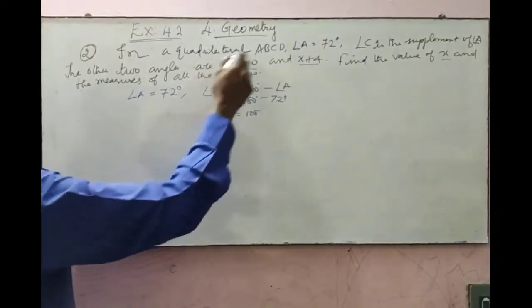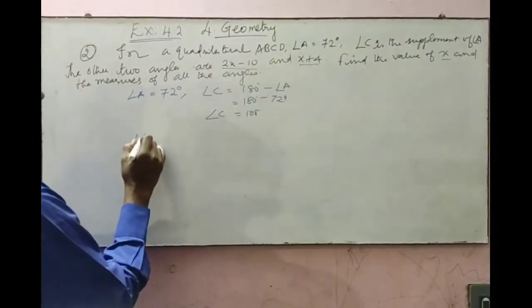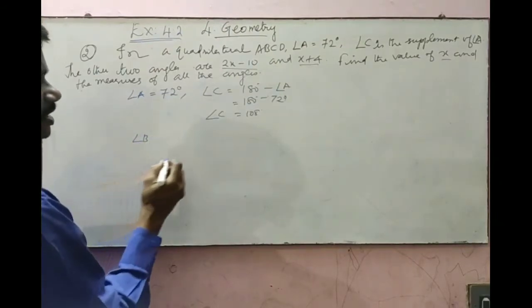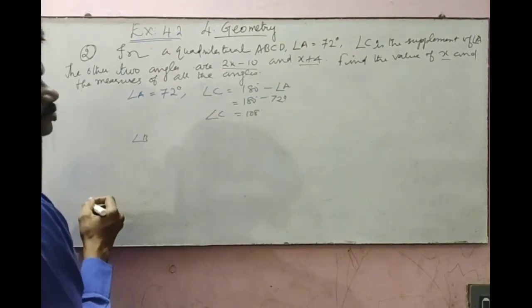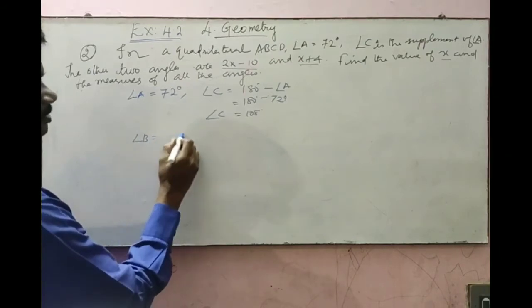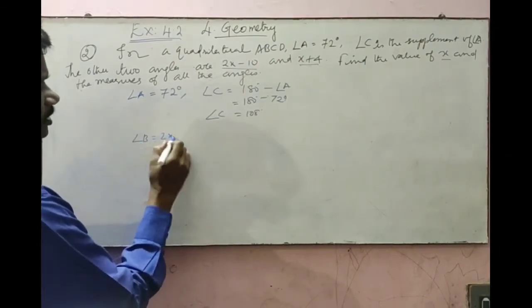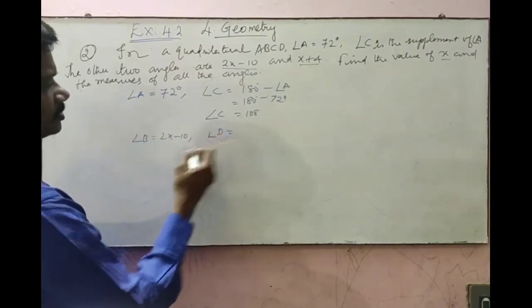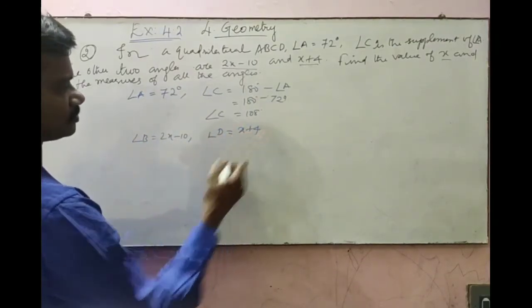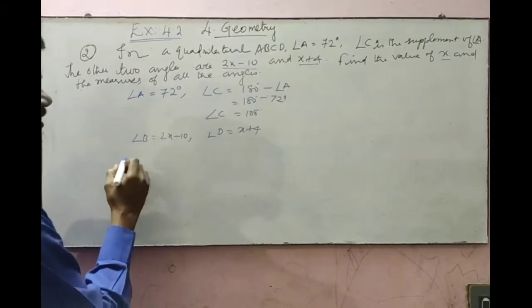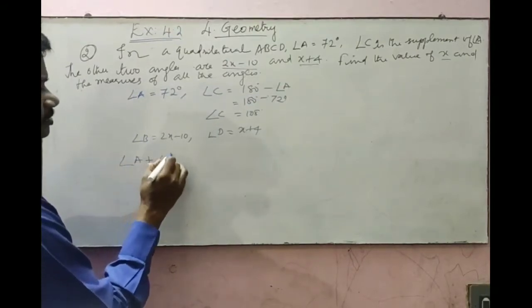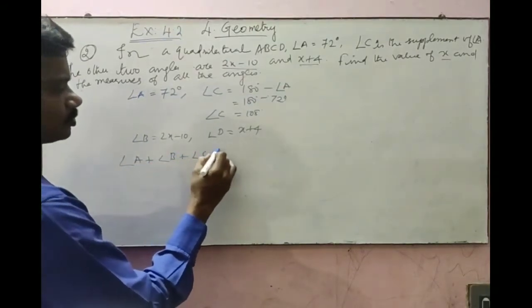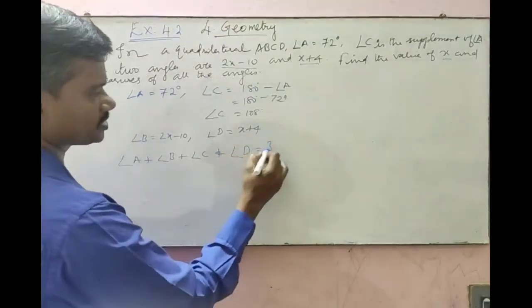The remaining two angles are given as 2x minus 10 and x plus 4. Let us assume they are B and D. If you add all these 4 angles, you will get 360 degrees.